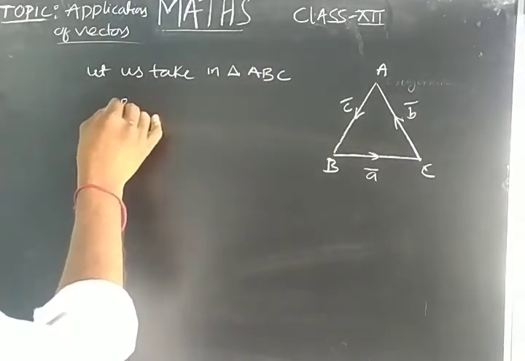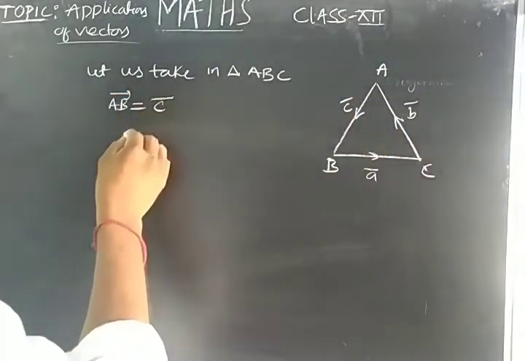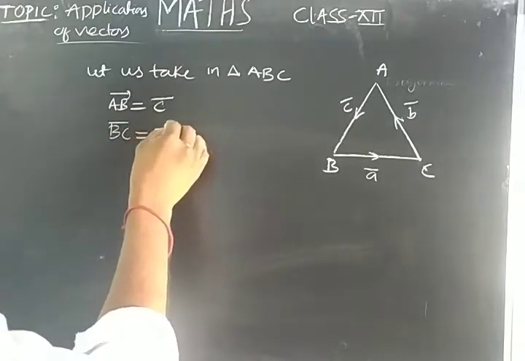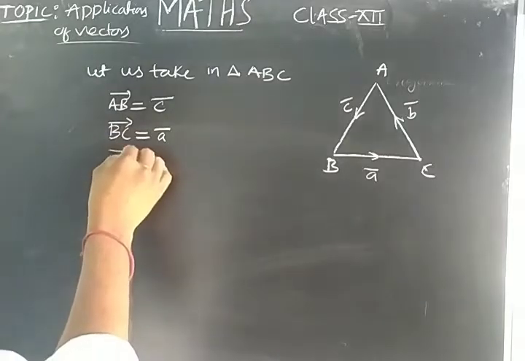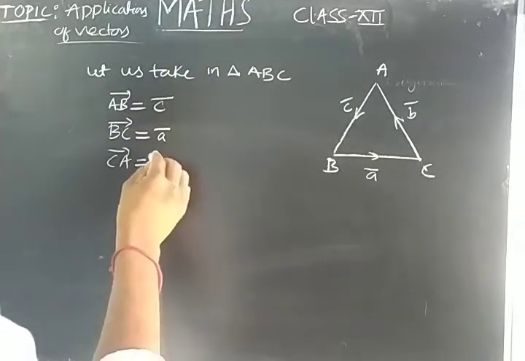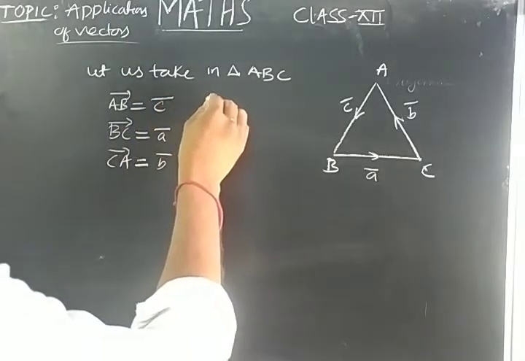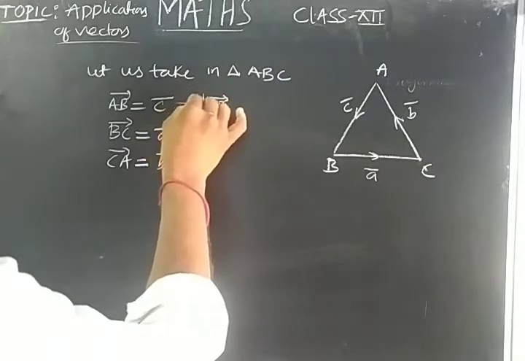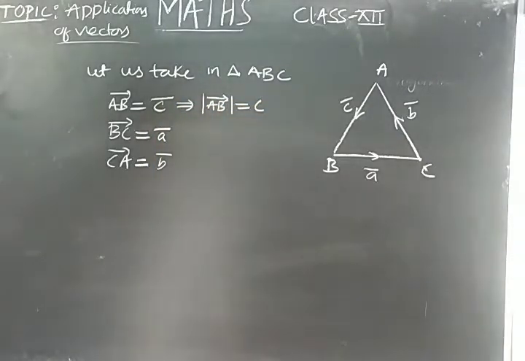The AB vector, in the A to B direction, is C bar. Next, the BC vector is A bar, and the CA vector is B bar. So the AB vector is C bar, and the AB vector magnitude is c, right? The length of AB is c.